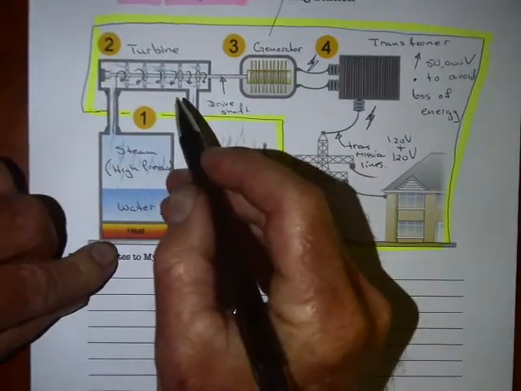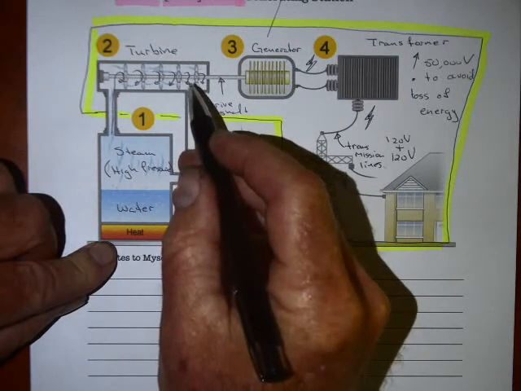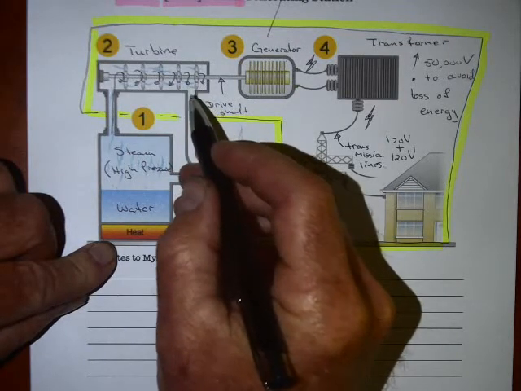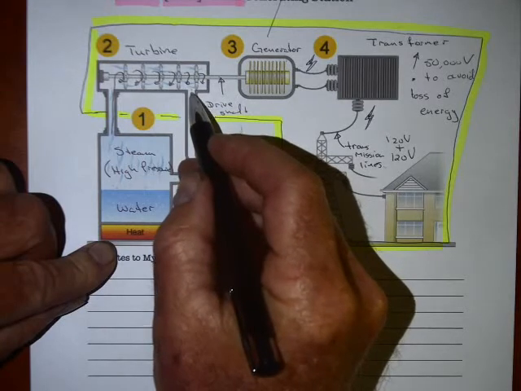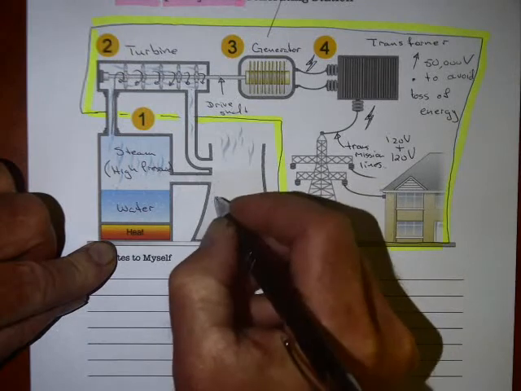Now, as you could probably guess, we've got to get rid of the steam, but we don't want to get rid of it totally. So what happens is that we take this steam, and this goes down into this area here. This is called a cooling tower.